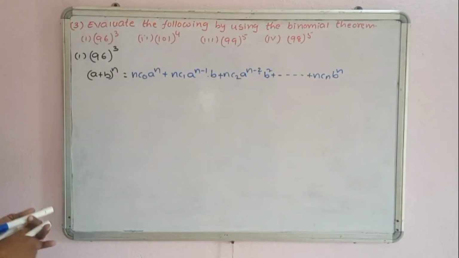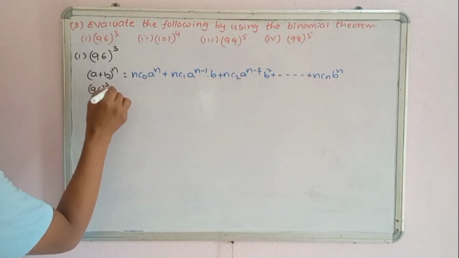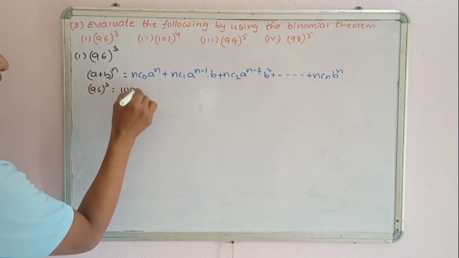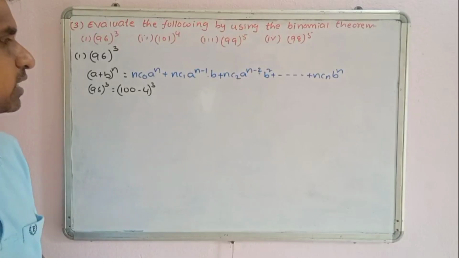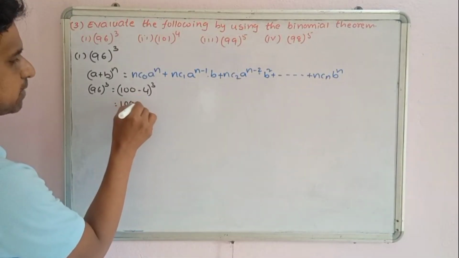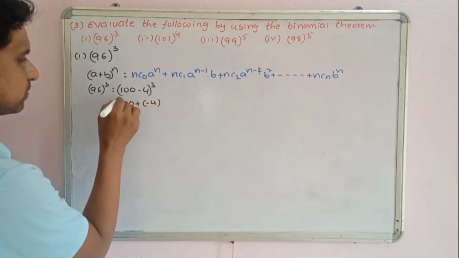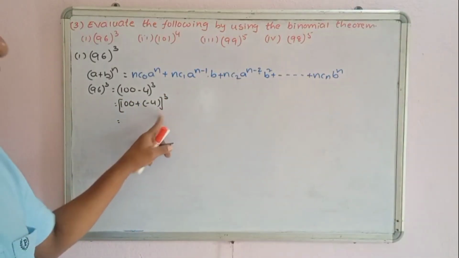So now 96 power 3 can be written as (100 minus 4) whole power 3. See, this one can be written as (100 plus minus 4) whole power 3. Now see, (a plus b) whole power n.